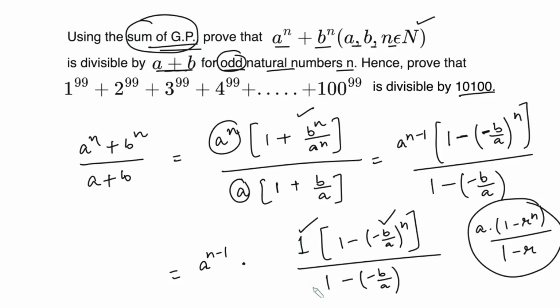So now we have sum of GP formula, and we can go in the reverse order. From the sum of GP formula, we can write the series. So a raised to the power n minus 1 times, the first term is 1, and the common ratio is negative b over a.